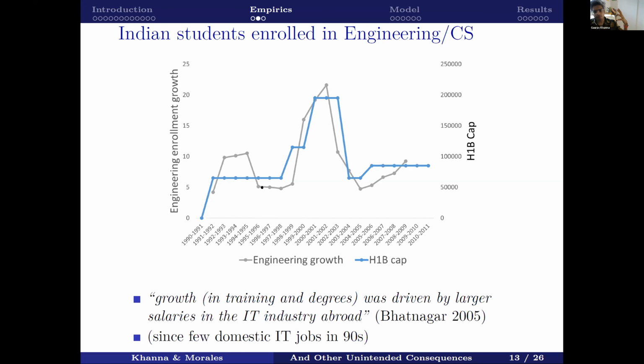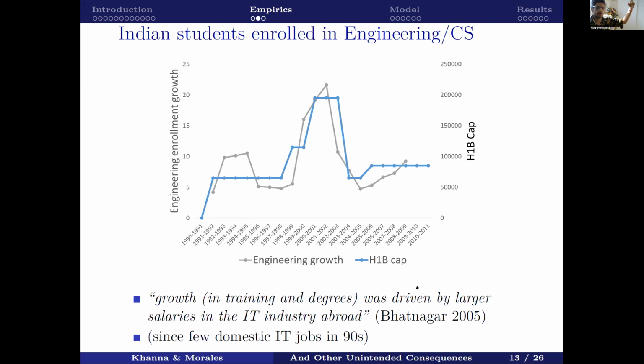And if you read a lot of the qualitative literature, you'll see similar discussions where commentators in India talk about how the initial growth in training and degrees in engineering programs and computer science programs was driven by this very high salary in the US, right? So they want this prospect of migrating to the US, because a lot of these visas were just going to Indians, right?